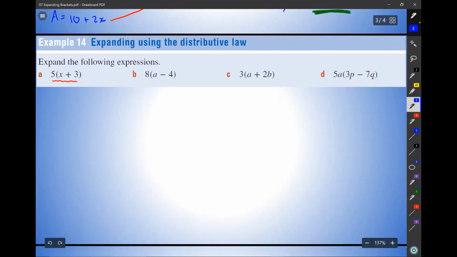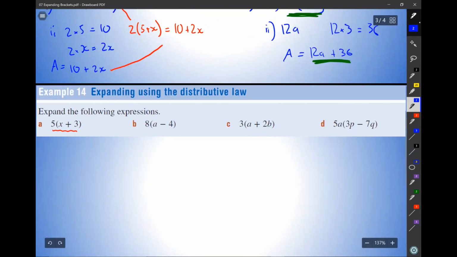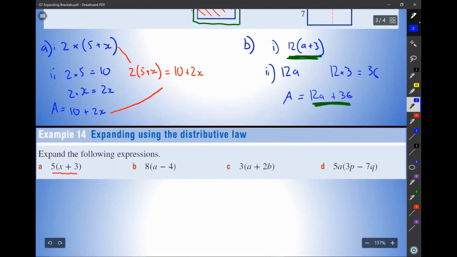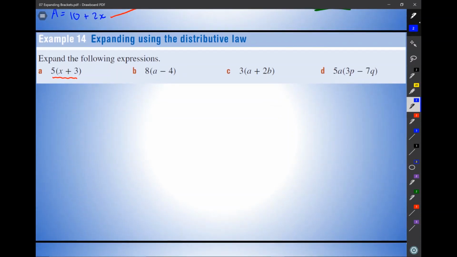Let's look at a way that we can work out this second expression if we're given this first one. Same thing here. We're trying to remove the brackets and write it in its expanded form.